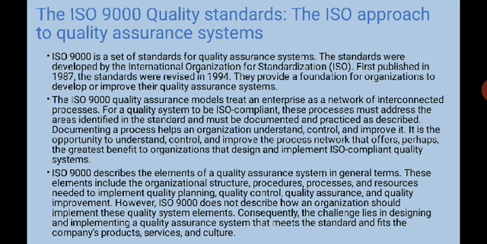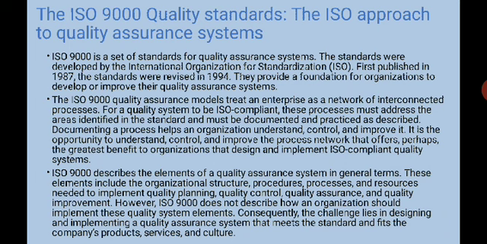These elements include the organizational structure, procedures, processes, and resources. So what will they have? They will have a structure, they'll have procedures, they'll have processes, and they'll have resources that are needed to implement quality planning, quality control, quality assurance, quality improvement. So all these will ensure your quality in all the phases that you follow.